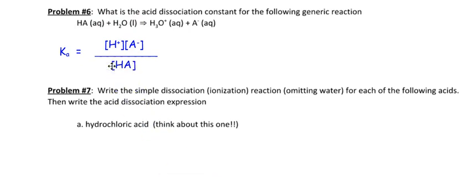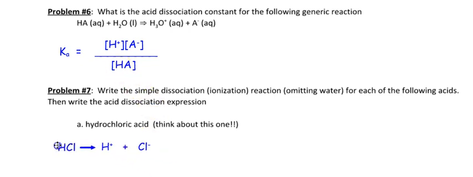So it says, write the sample dissociation reaction omitting water for each of the following acids, then write the acid dissociation expression. Hydrochloric acid. What do you know about hydrochloric acid? It's one of the big 6. What is the formula for hydrochloric acid? Hopefully you got HCl.